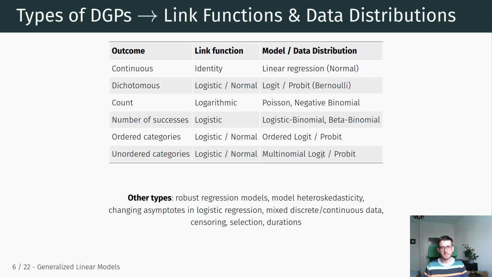so much for the overview of generalized linear models as a broader category of models for different types of outcomes with different data distributions. In the next couple of videos, I will showcase just a few of those examples, and specifically, we're going to talk about modeling count data, modeling ordered categories and unordered categories.